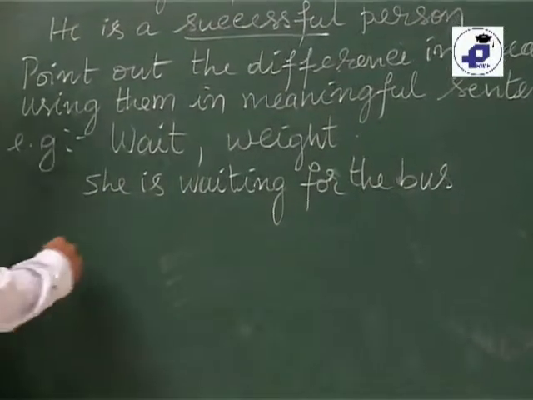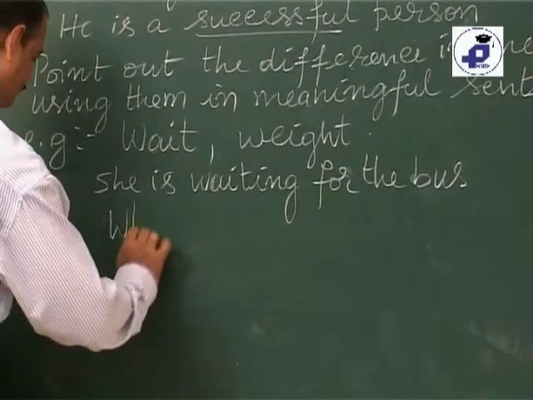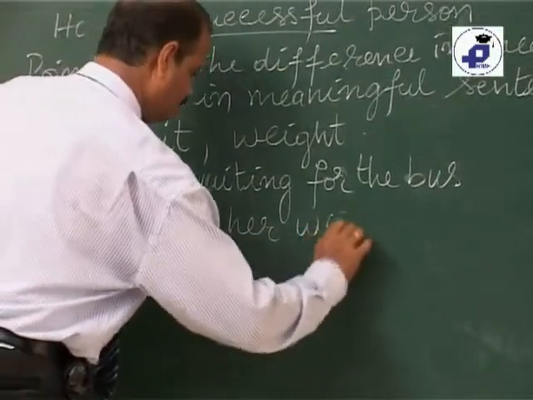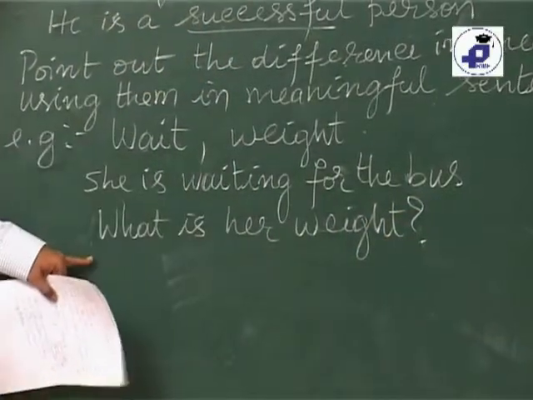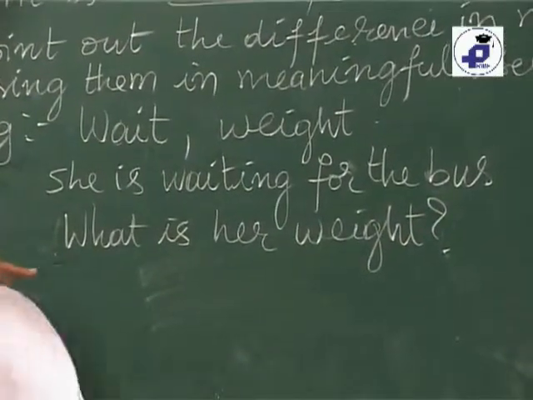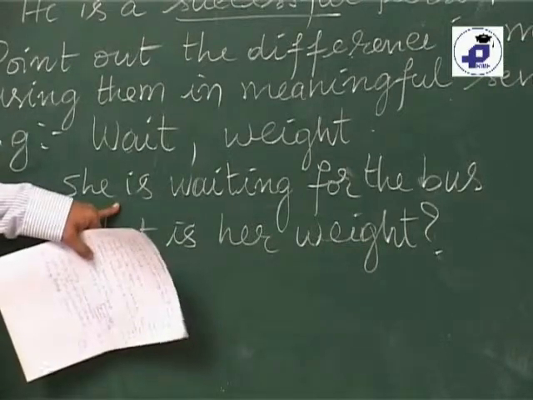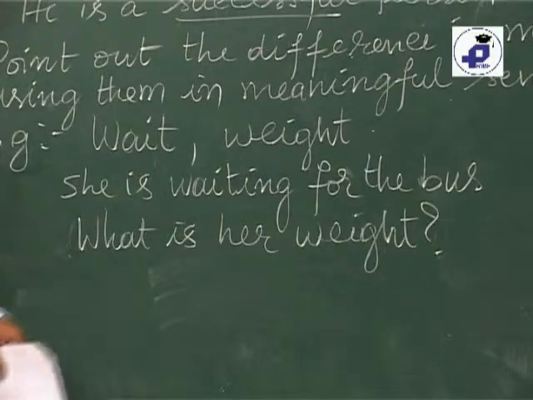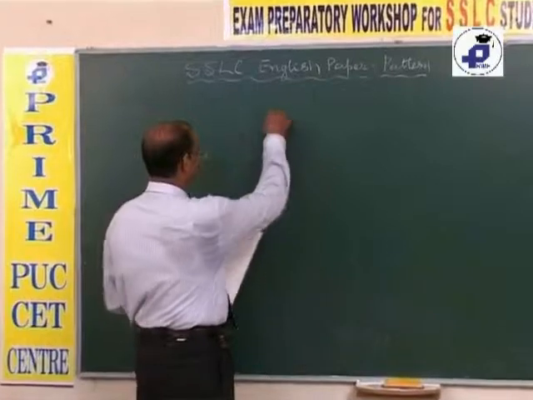Now here I write: what is her weight? Made a sentence here. What is her weight? Now weight means the measurement of the human body, weighing. So that's how it is. She is waiting for the bus. Here, what is her weight? So for the same pair of words, you have to make two sentences.